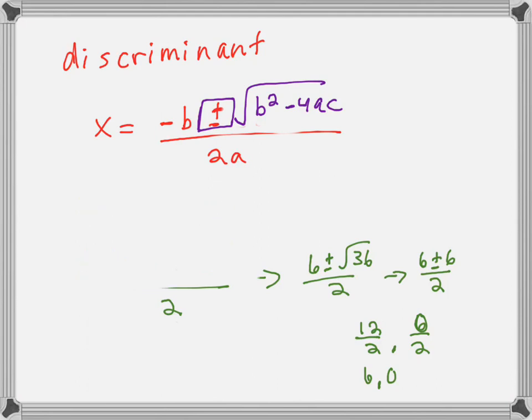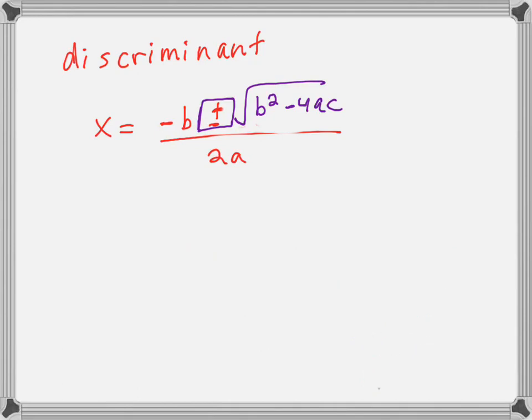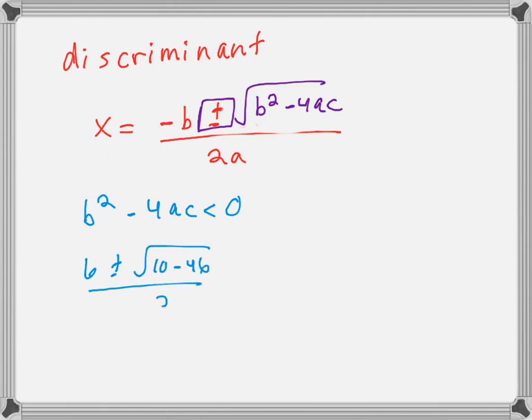Okay, now let's look at a case where we have a discriminant that's less than 0. And I think this one's probably the most obvious because it just kind of makes sense. So if it's less than 0, we're going to get two imaginary roots, and here's why. So let's say that we have 6 plus or minus root 10 minus 46 over 2. So kind of the opposite of the last one. Then we have 6 plus or minus root negative 36 all over 2.